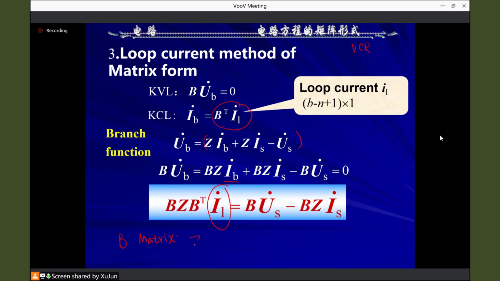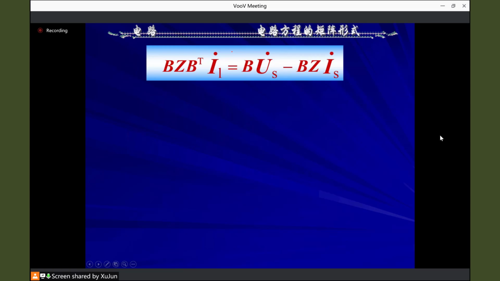The Z is the branch impedance matrix. So this is the loop canonical method in matrix form.